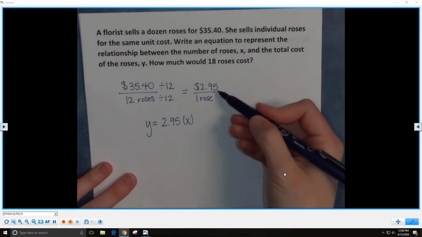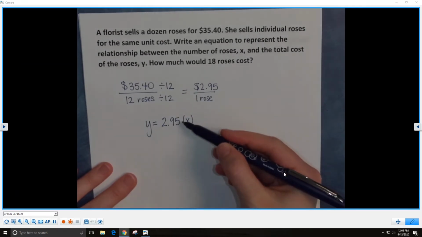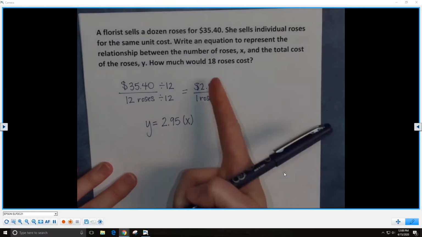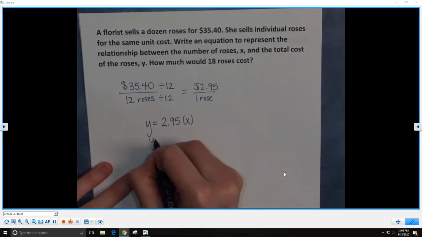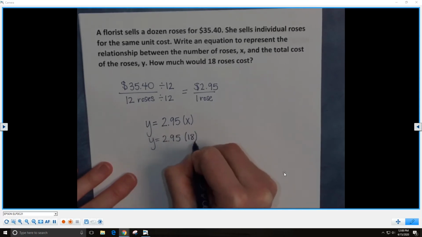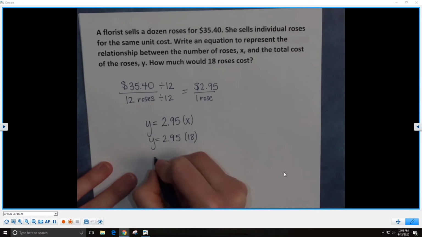So now that we found the constant of proportionality and wrote the equation, we can solve the problem. The problem asks for a price of 18 roses. Since x is the number of roses, and we're talking about 18 roses, I'm going to substitute 18 in place of x. So 18 roses replaces x.